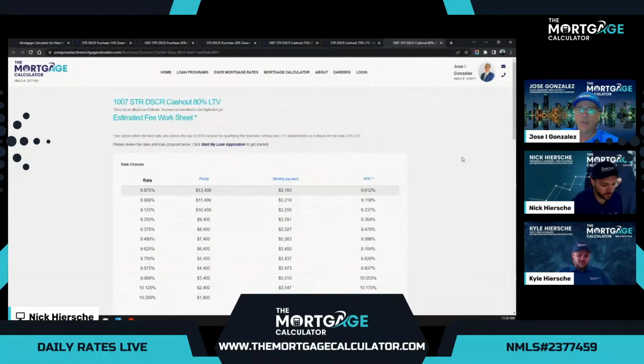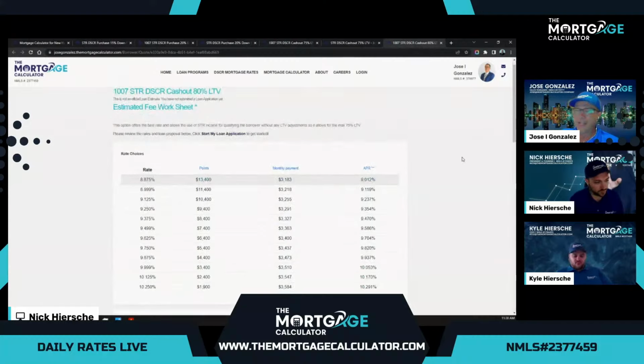All right. Now, I want you to see the other one had 9.125 as the lowest cost option rate. Now, this one, obviously, taking it to 80% is going to have a higher rate. But again, for that investor that says, I want the maximum LTV, this is a very good option: 10.25%, costing almost half a point, and then you can buy it down all the way down to 8.875, costing a little bit over 3 points on that option.